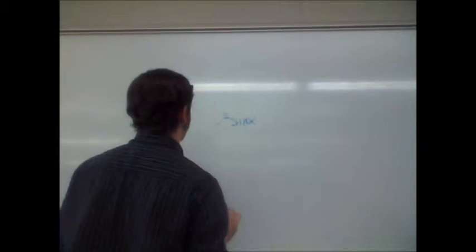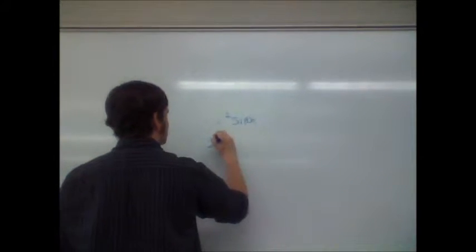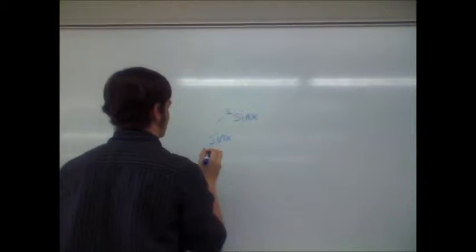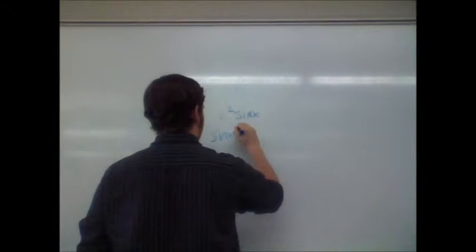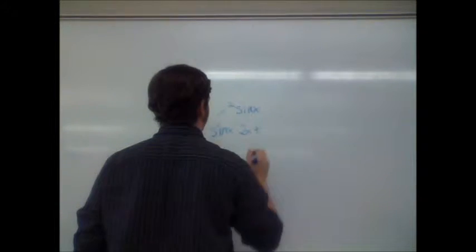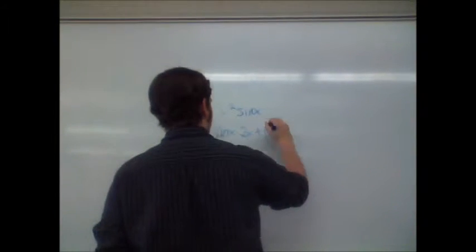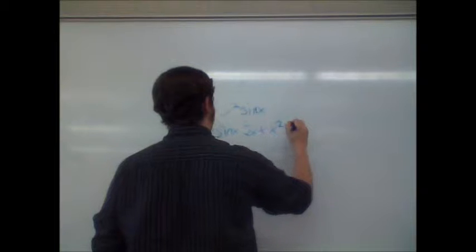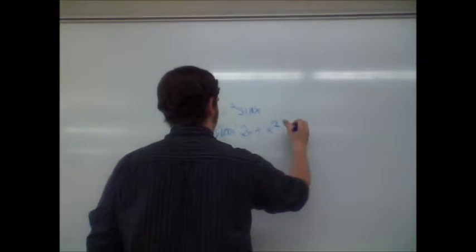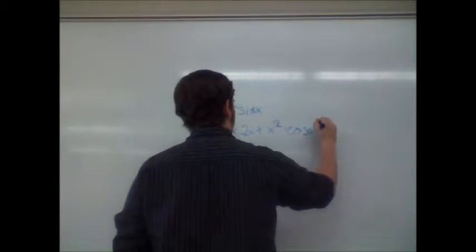So go for freaking gold, sine x times f prime, which is 2x, plus f, x squared, times g prime, which is cosine x.